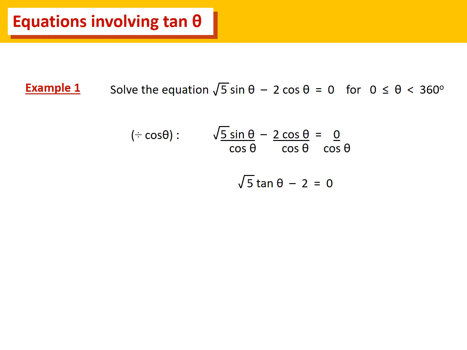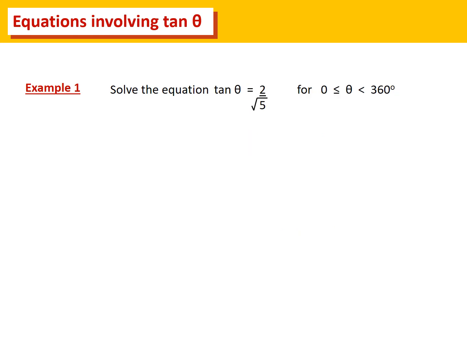In the second term, the 2 cosines cancel out to leave subtract 2, and the right hand side is 0. Therefore, rearranging that gives me tan theta equals 2 over root 5. And now that's the equation I wish to solve. Solve the equation tan theta equals 2 over root 5 between 0 and 360.